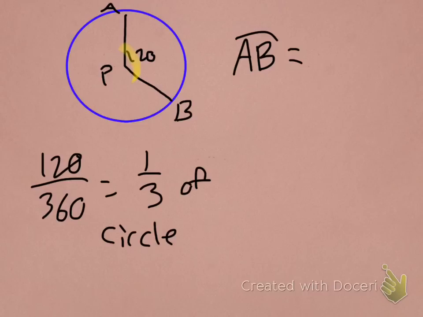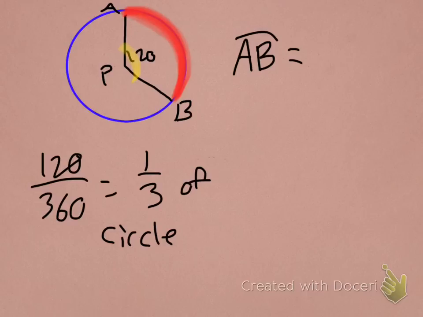But now we're not worried about area. We're worried about the arc length. We're worried about this here. So we're not dealing with the area of the circle anymore. Hopefully you can remember the vocabulary word that represents the length of the outer part of the circle, which is the circumference. So we're looking not at 1/3 of the area, but now 1/3 of the circumference.